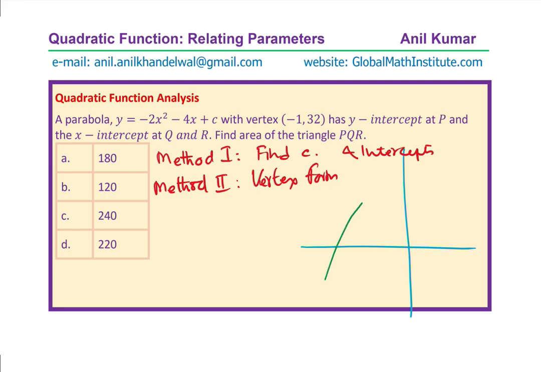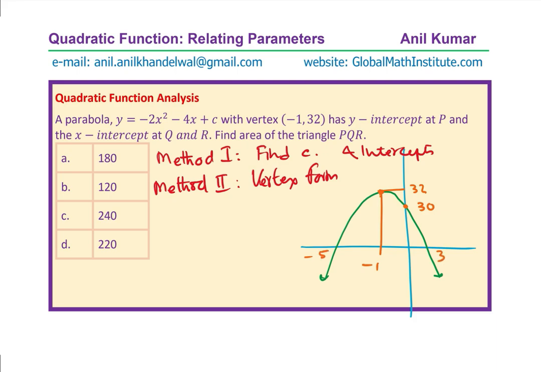In this case, the parabola was something like this, where we were given the vertex at (minus 1, 32), the y-intercept we found at 30, and the x-intercepts at minus 5 and 3.